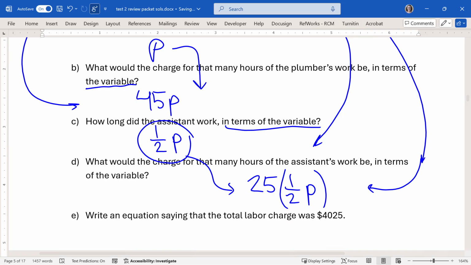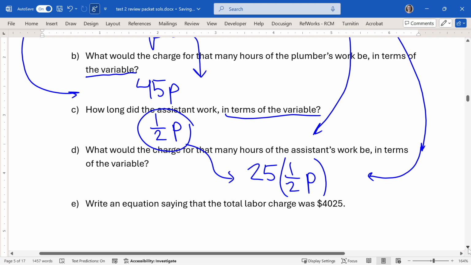Okay, so now write an equation saying that the total labor charge was $4,025. Okay, so this right here, I can see the charge was 4025, means my equation is going to be equal to 4025. And now where is that charge coming from? Well, it's coming from the plumber's charge and the assistant's charge.